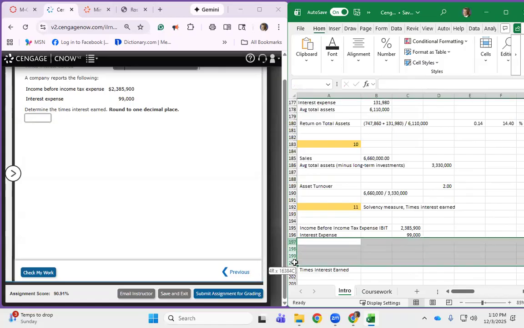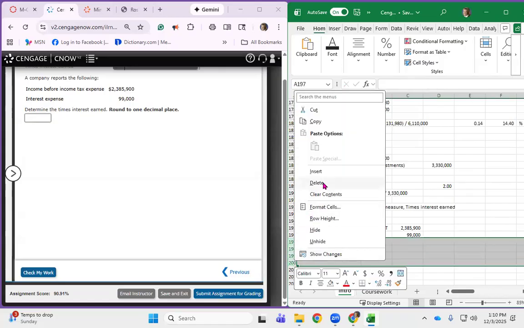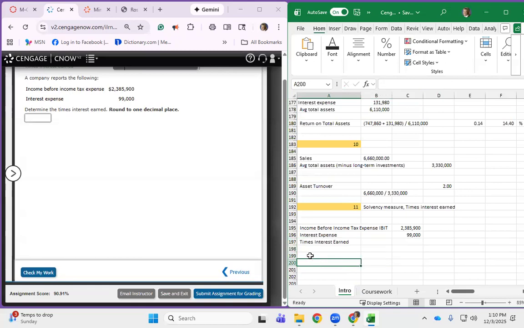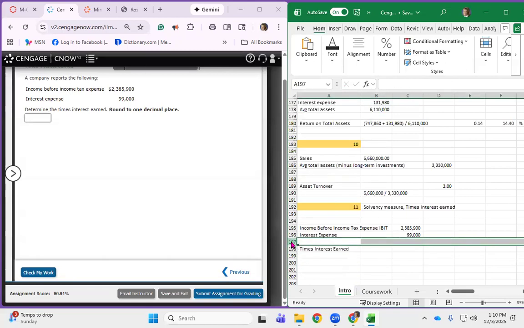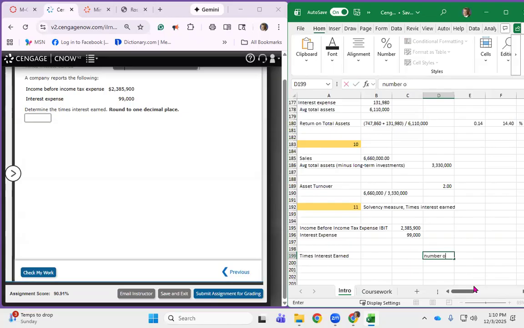Once again, this is just a number. So, number of times. That's what we're trying to find. How many times did we earn our interest? Our earnings are here.